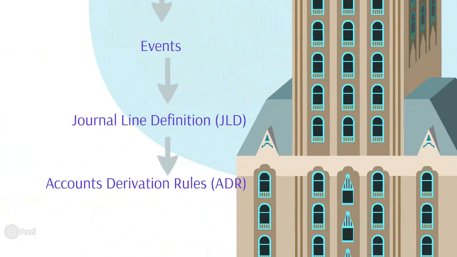And to the journal definition, account derivation rules. What are account derivation rules? My full code combination, how the system should derive my full code combination. Here I just missed out the journal line types below the journal line definition. Then come the account derivation rules.